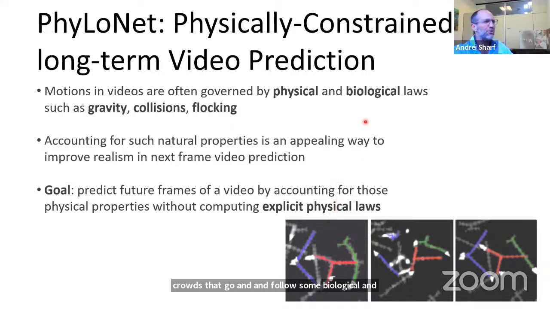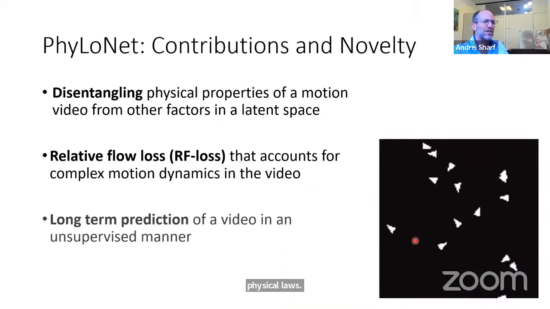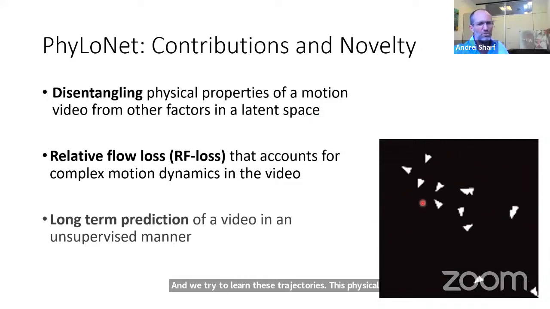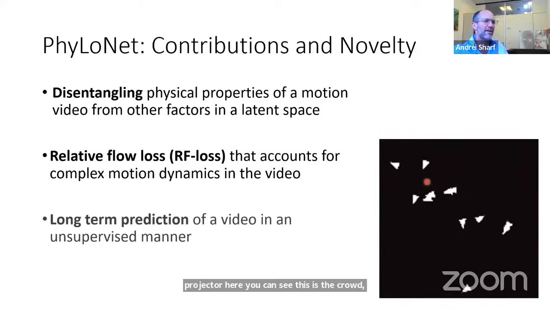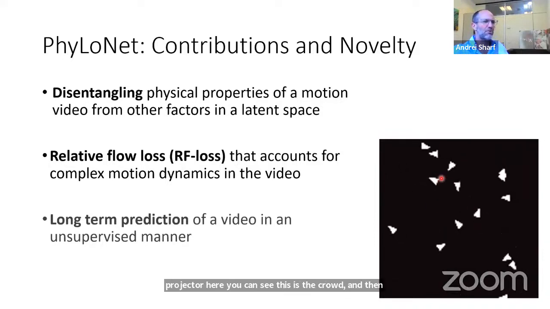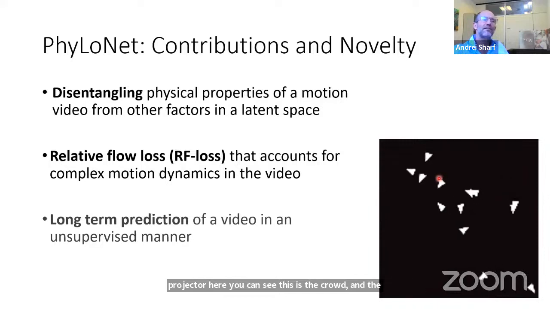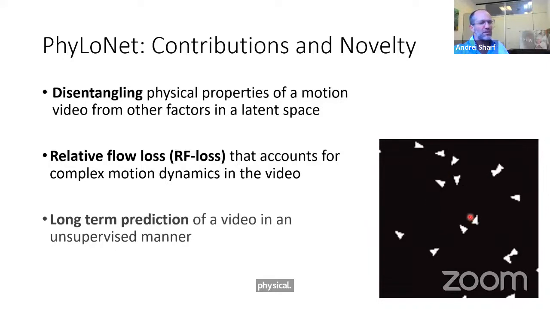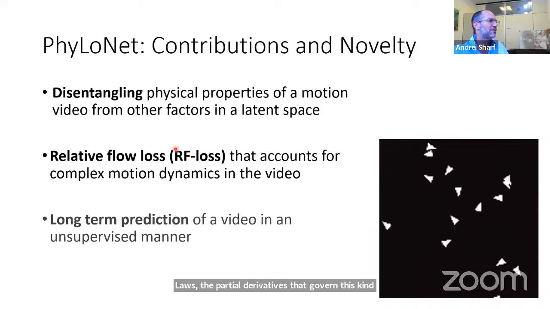And we try to learn these trajectories, this physical trajectory. Here you can see this is a crowd simulation, and we try to extract the physical laws, the partial derivatives that govern these kinds of crowding systems.